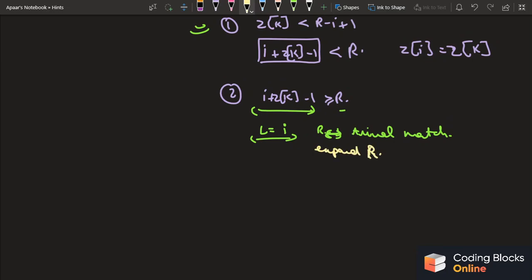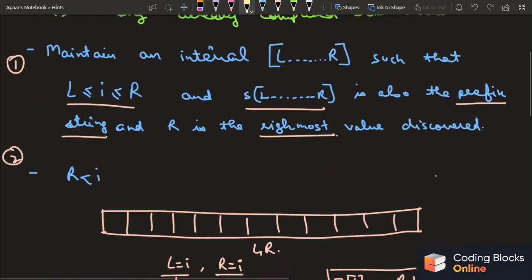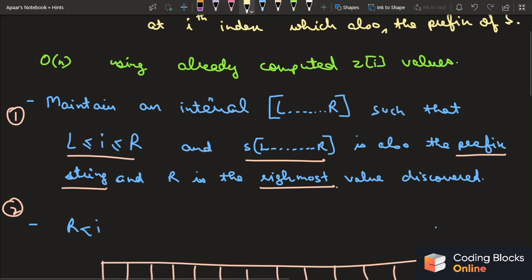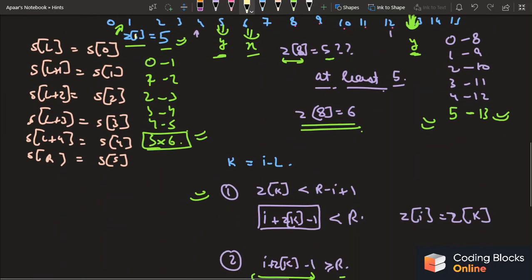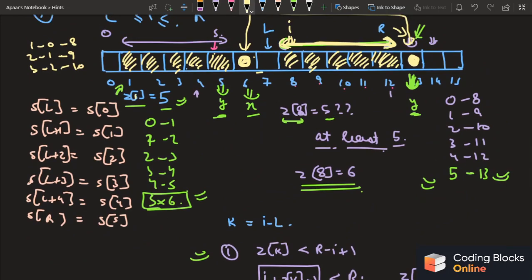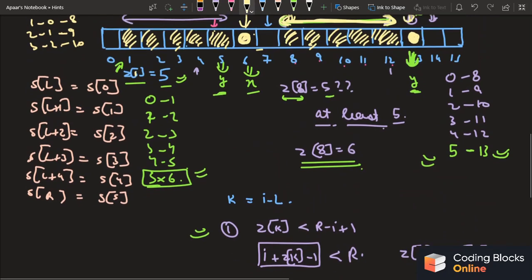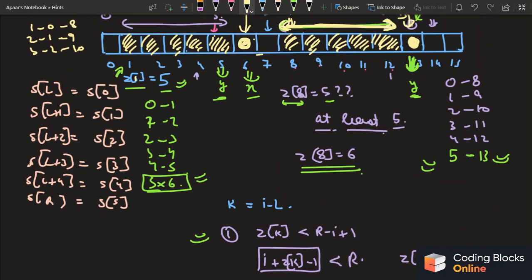So for every index, we'll have only these many cases, right? The first case is that I lies inside the interval, and in that we'll have two cases. If I start from that I and the ending position is less than R, that means I cannot match further, because that has already been calculated as z[k], as both the strings are equal.